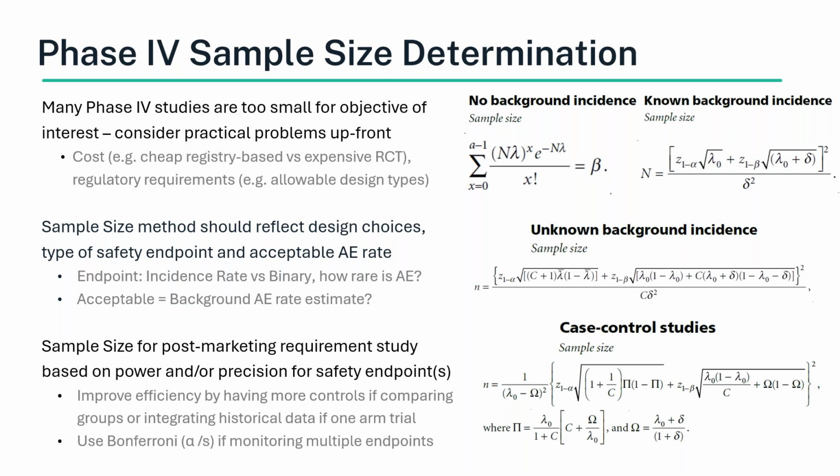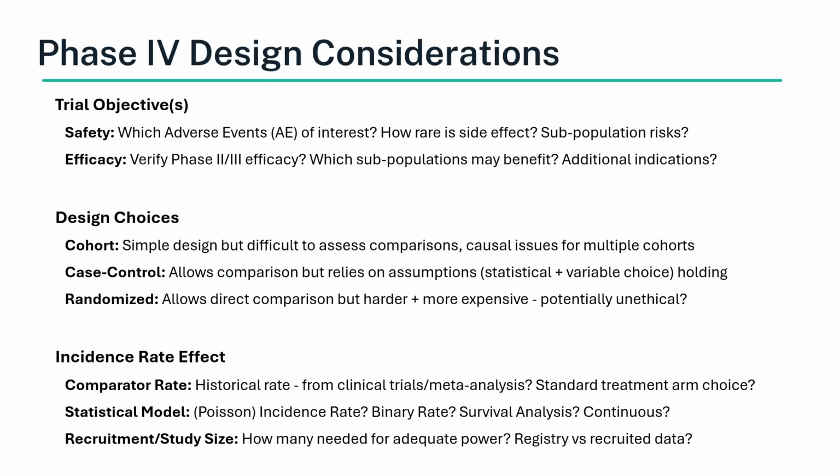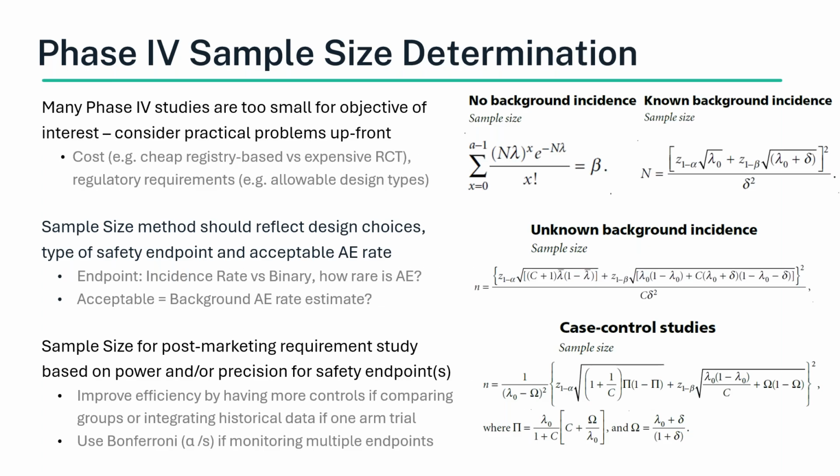If you're talking about a rare effect, logically the sample size requirements are going to be high, but also consider the practical problems. A registry-based study is going to be a lot cheaper than a randomized study, and a lot easier to run as well. But of course, you get that simplicity at the cost of perhaps more difficulty in having confidence in the statistical validity of your actual results.